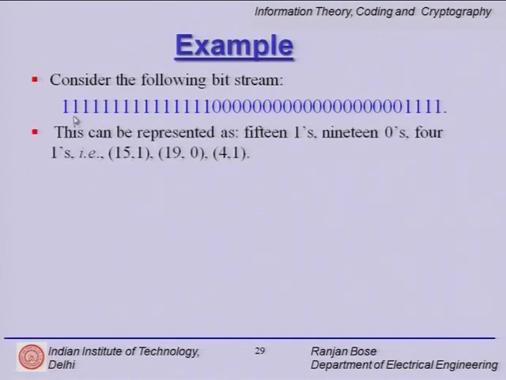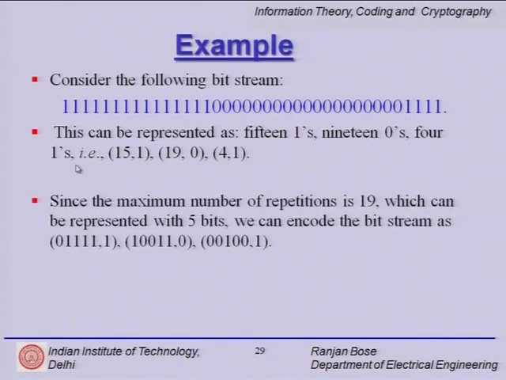So, what do we do? We count the number of ones and we say okay, 15 ones, count the number of zeros 1 2 3 4 up to 19, 19 zeros and then 4 ones. So, now this long bit stream is nothing but 15 comma 1, 19 comma 0, 4 comma 1. So, it says how many of what, how many of what, how many of what.